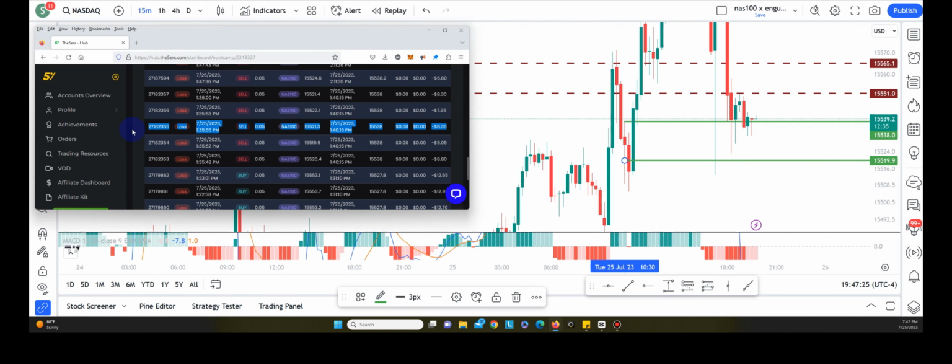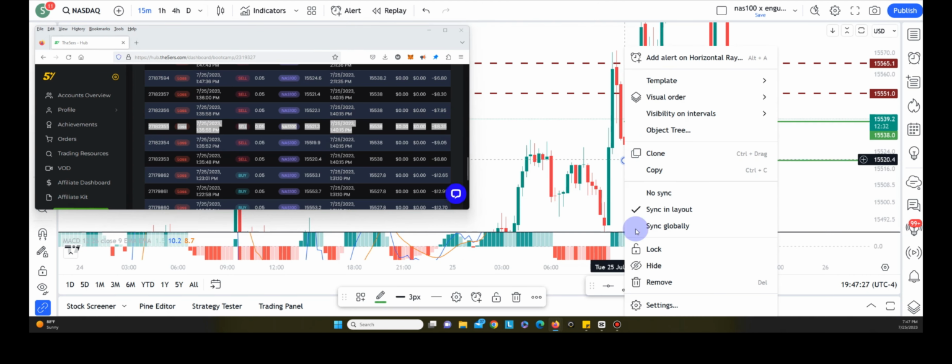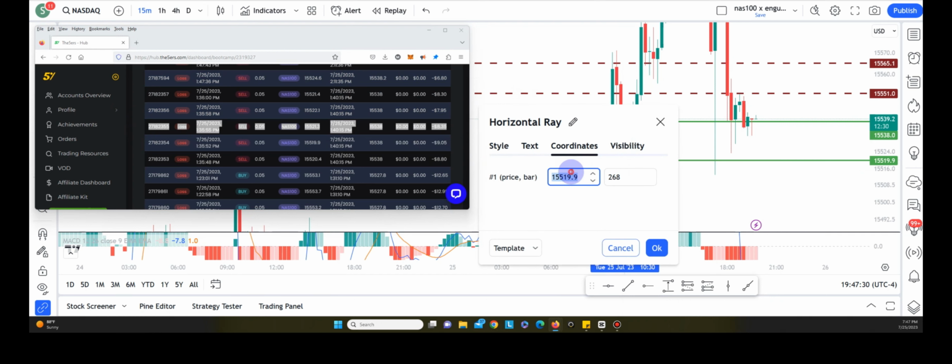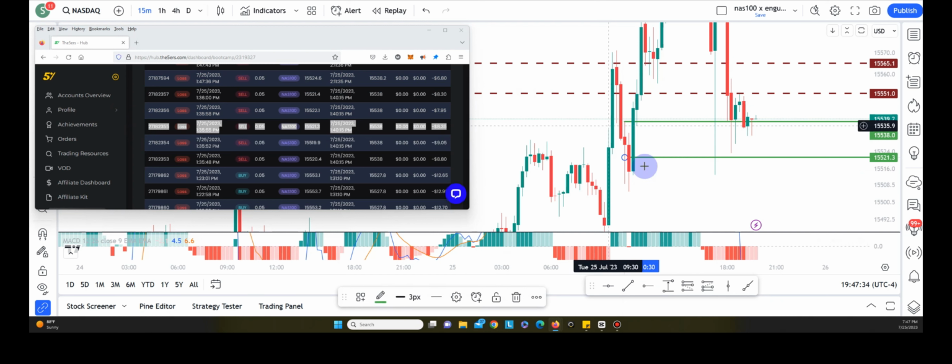Moving to the next one, I entered this one at 15,521.3. Entered here, got stopped out there, total loss of 835. Entered another sell position.